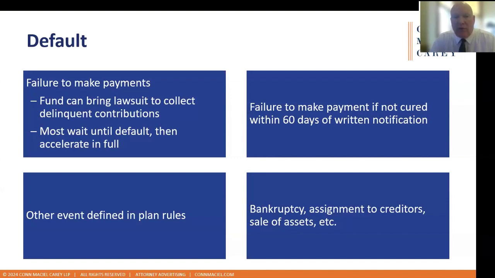If you default and you fail to cure it, then the pension fund can accelerate the entire amount that would otherwise be due. But what these pension funds have done in various circumstances is they said, well, in a default situation, we can recover the full amount, meaning the allocable amount of unfunded vested benefits, not the withdrawal liability.